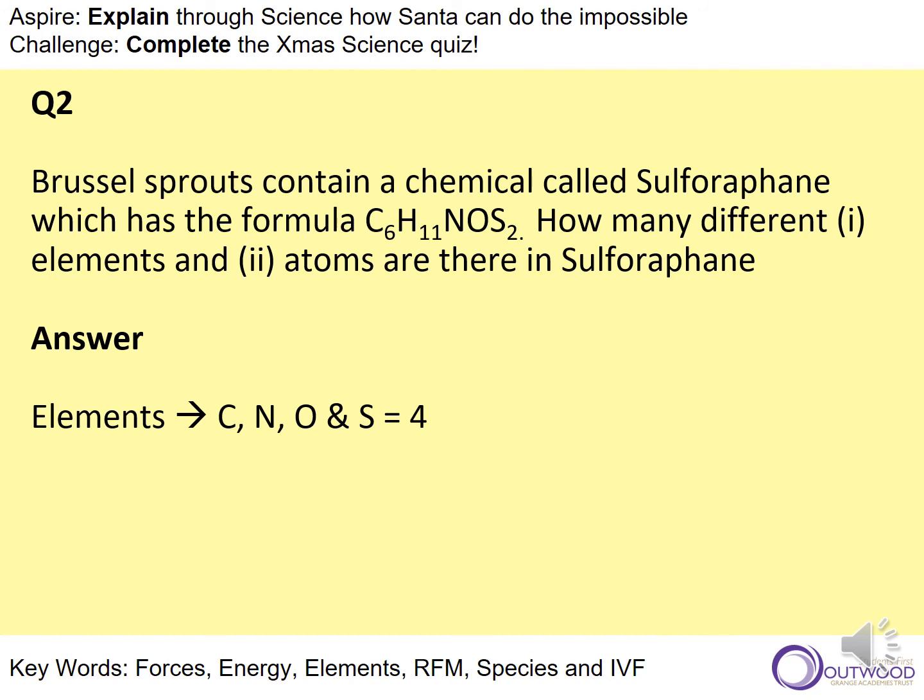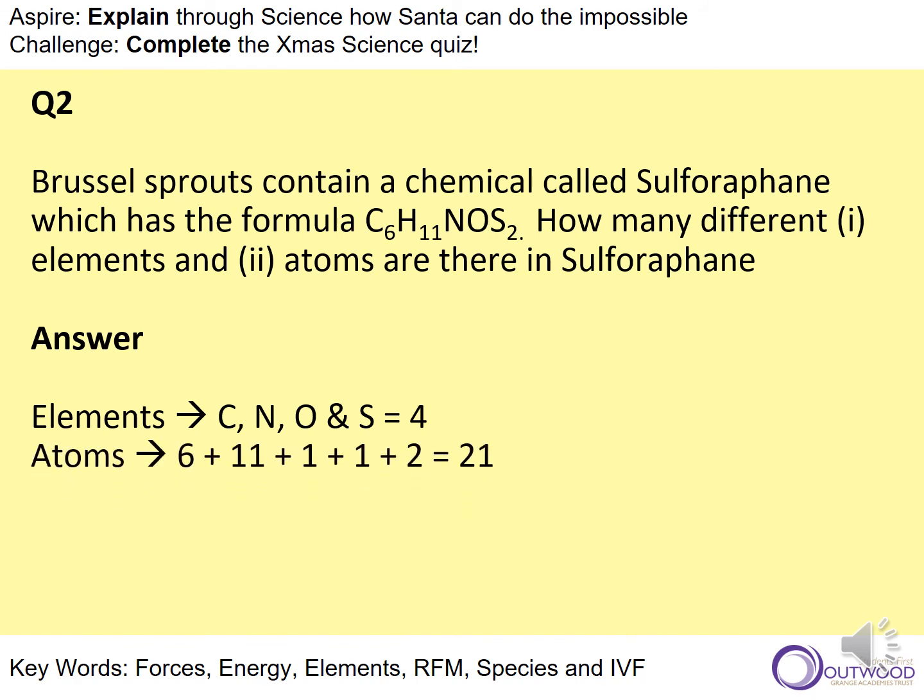Oh, I've made a mistake on the PowerPoint. Oh well. We've got carbon, C, hydrogen, H, nitrogen, N, oxygen, O, and S for sulfur. So actually, my PowerPoint is wrong. There are 5 elements.